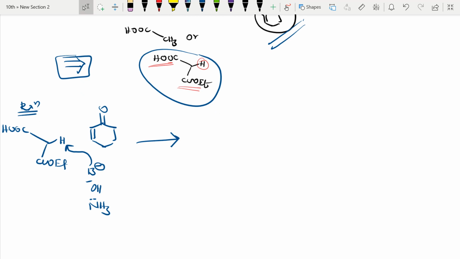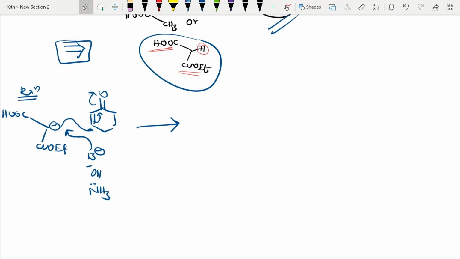So what happens as soon as it takes this proton here, this carbon gets a negative charge. I am writing this one here, negative charge, that will be stabilized by the electron withdrawing group, right? That thing you need to write, but as you know all those things, so I am directly showing that negative charge. You should be able to see that the negative charge will be stabilized by those electron withdrawing groups.